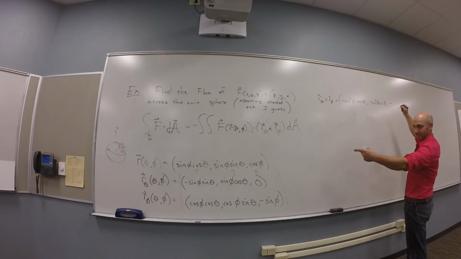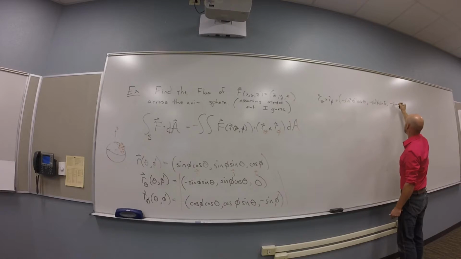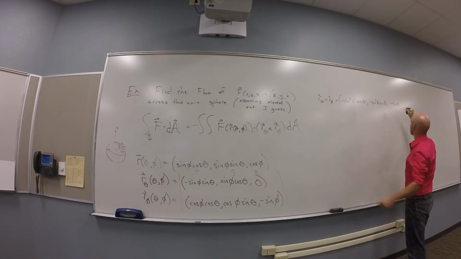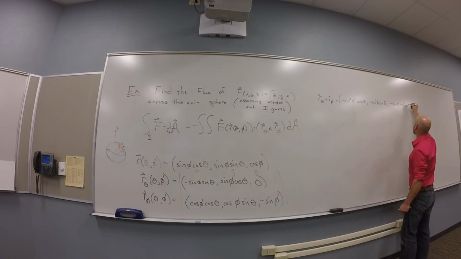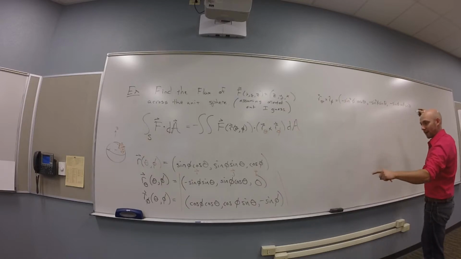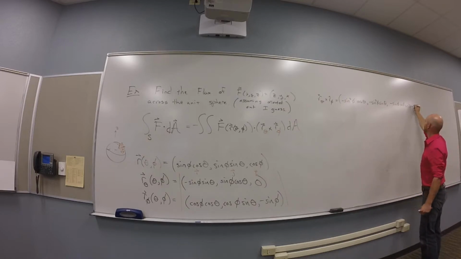So that one's minus sine phi cosine phi cosine phi sine theta, sine squared theta, right? Minus, and then minus the other way.